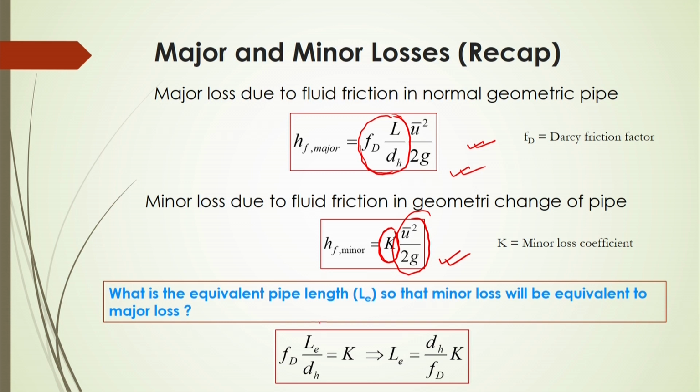If we consider that the equivalent length is L e, then the major loss coefficient will be equal to f d into L e by d h, and it will equal the minor loss coefficient. From this you get the equivalent pipe length, L e equals d h by f d into k. So you can select a pipe length for which both loss coefficients will be equal.